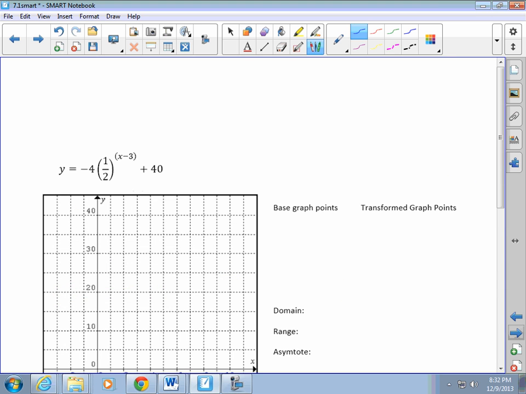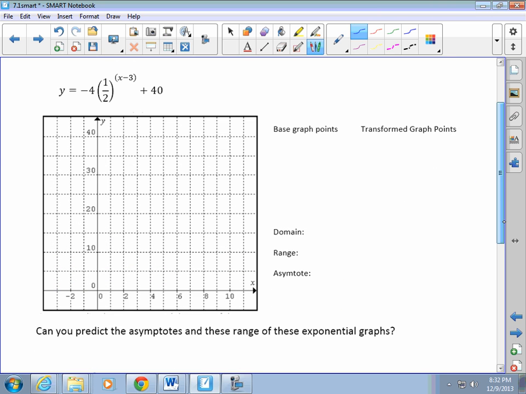Okay, so let's try the next example. Y is equal to -4 times 1/2 to the x minus 3. So my base here is a 1/2, so that's in between 0 and 1.